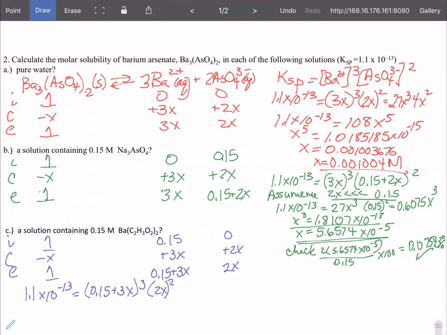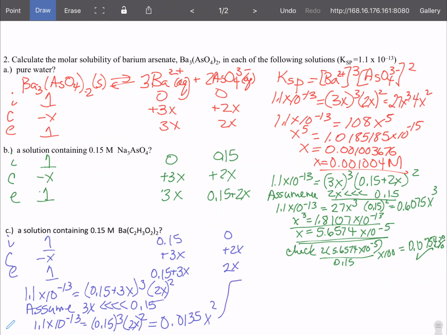Okay? So this value is going to even be worse than squaring it, so we're going to assume that 3x is much less than 0.15, which brings us to the value of 1.1 times 10 to the minus 13th is equal to 0.15 cubed times 2x squared, which is equal to a whopping 0.0135 x squared.